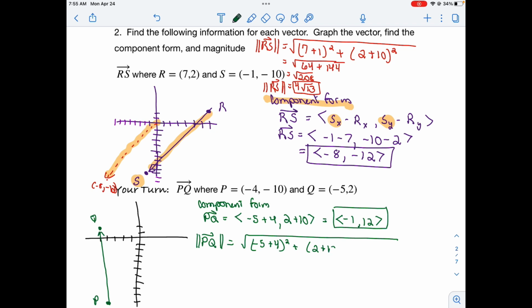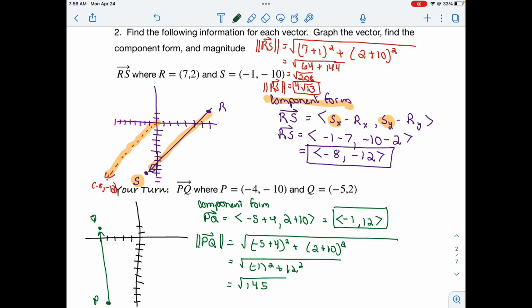And then to get my y value, that'd be 2 plus 10. Well, I just did that. That was our y component. So I could skip this step and go straight to the x component in the component form squared, plus the y component in the component form squared, which will give us 1 plus 144, which is 145. And if it simplifies down, you do that, but this one does not simplify down, so that is my magnitude.